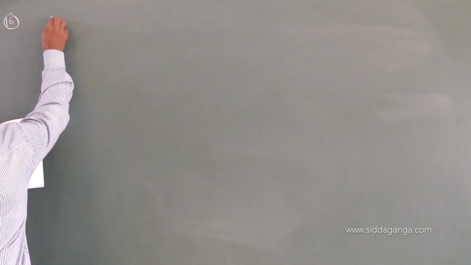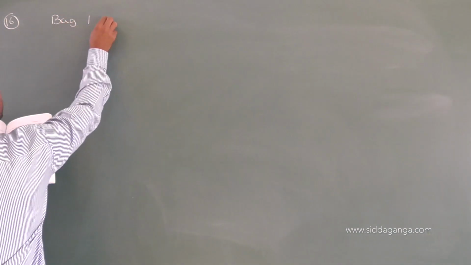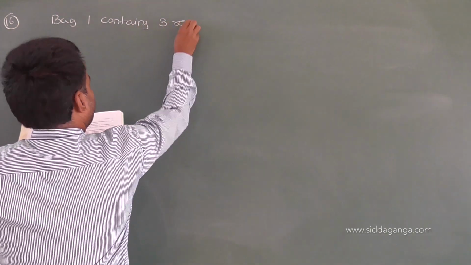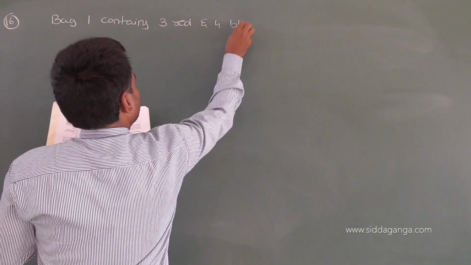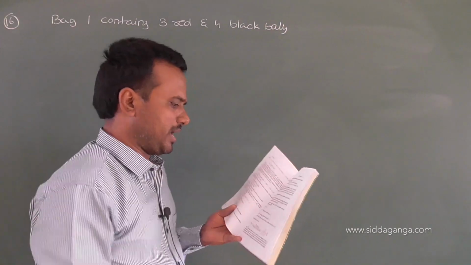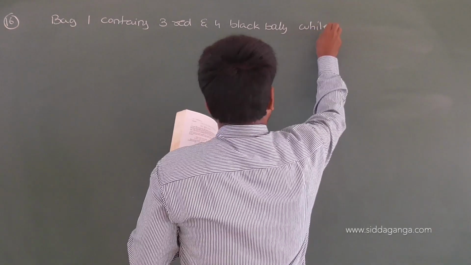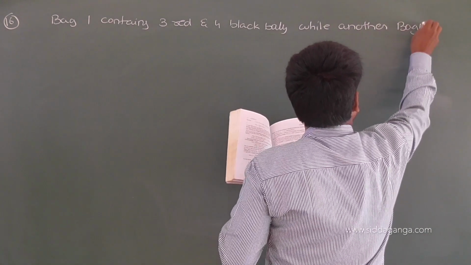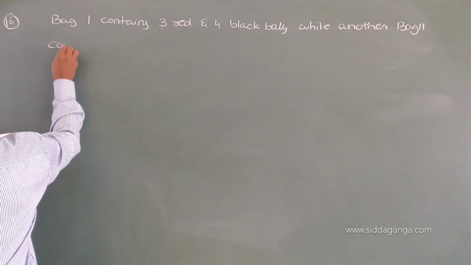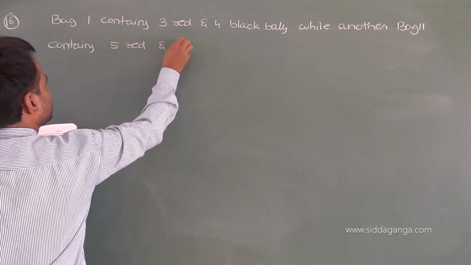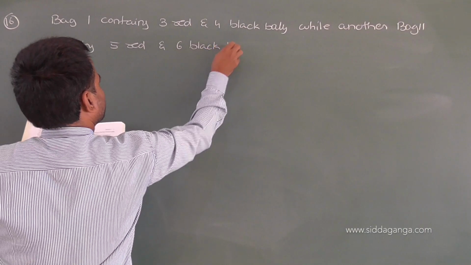Example 16. Bag 1 contains 3 red and 4 black balls, while another bag 2 contains 5 red and 6 black balls.